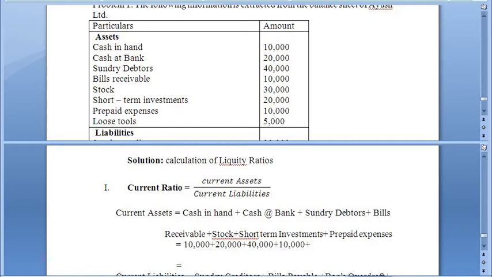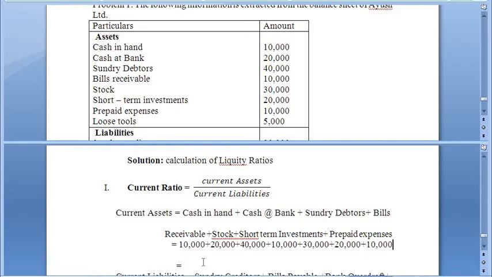Okay, next one after bills receivable, stock. What is the amount of stock? 30,000. After stock, short-term investment, how much? 20,000. And after that prepaid expenses 10,000.